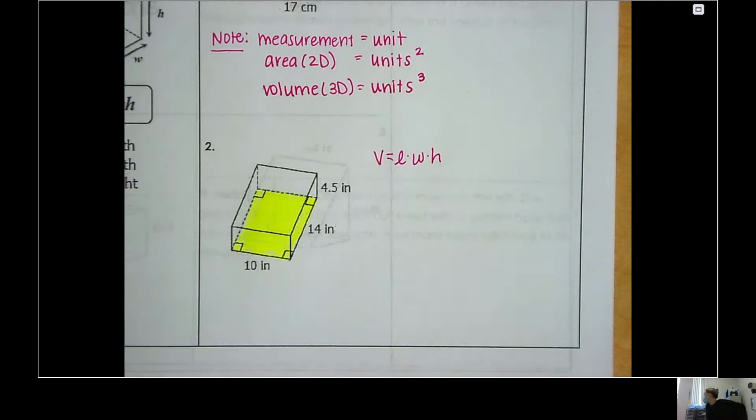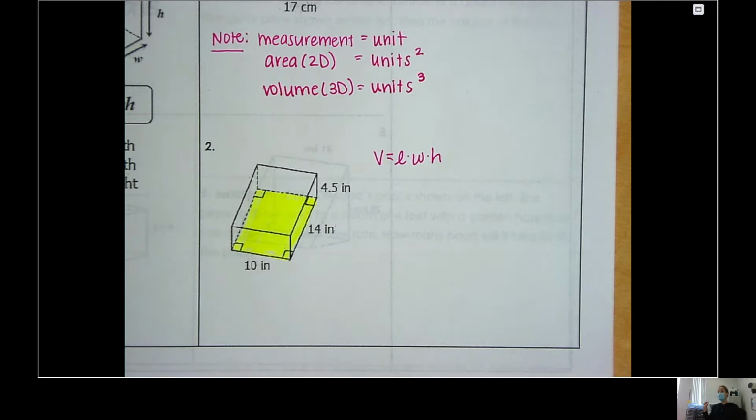Another 30 seconds. Okay, somebody tell me, what'd you get? 630. 630 inches cubed.